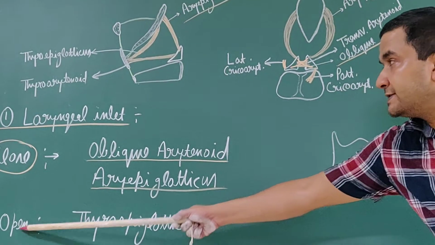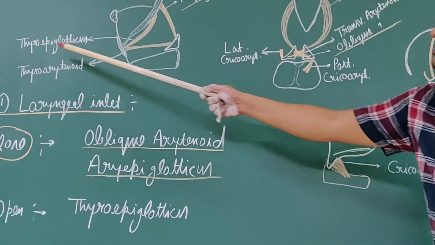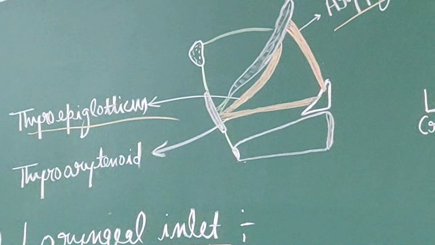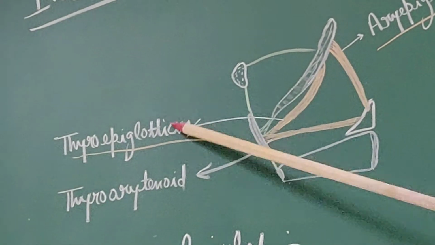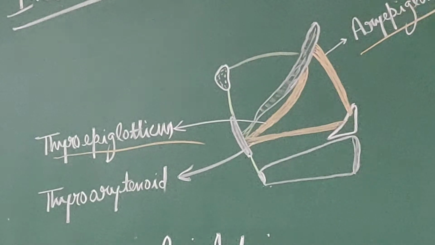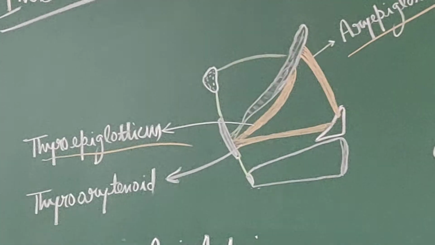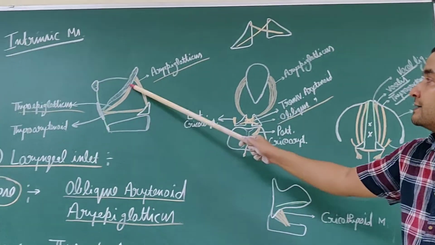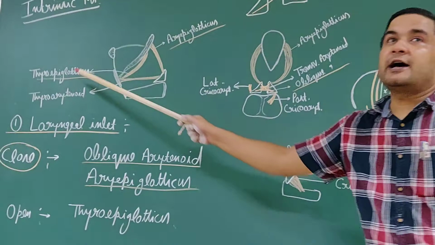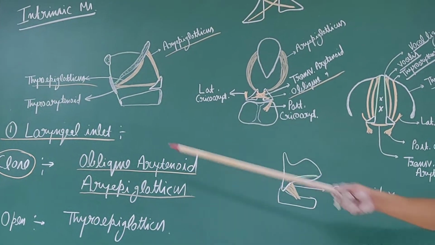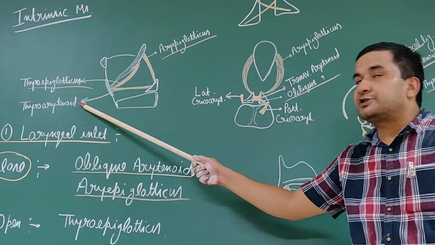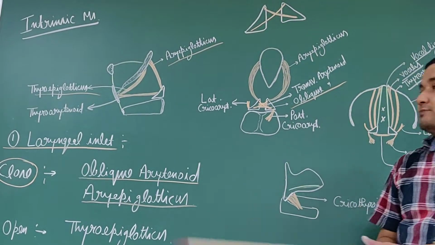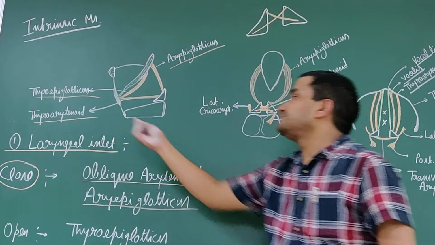Now to open the laryngeal inlet, it is the thyroepiglotticus. This muscle is also present in the aryepiglottic fold. So there are two muscles present in the aryepiglottic fold: aryepiglotticus and thyroepiglotticus. Thyroepiglotticus is a detached part of the thyroarytenoid muscle.